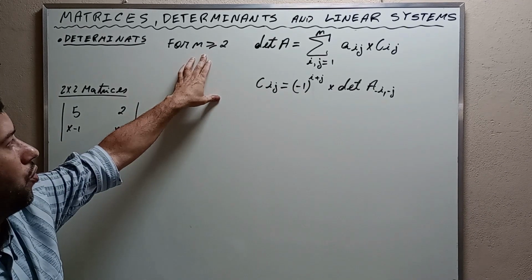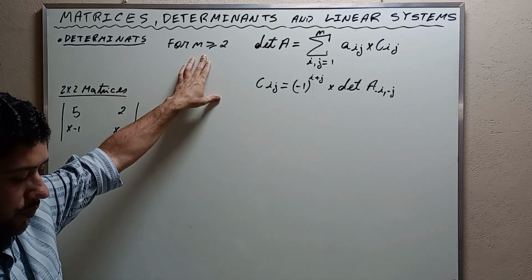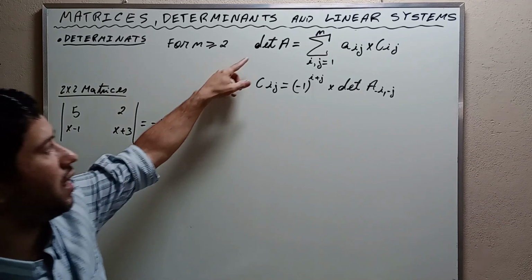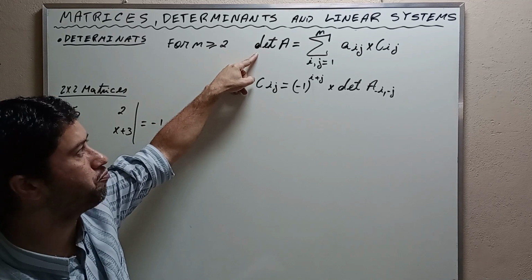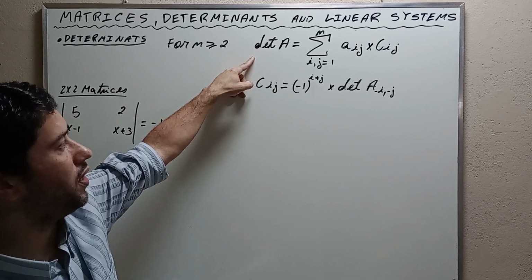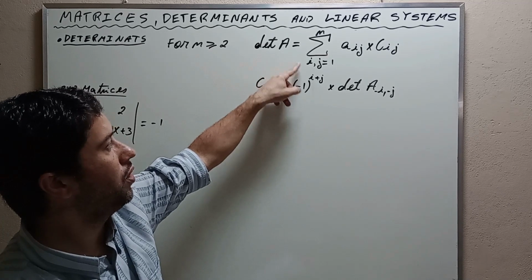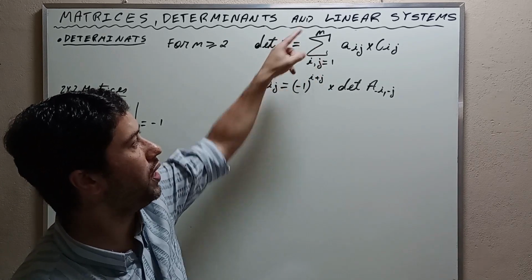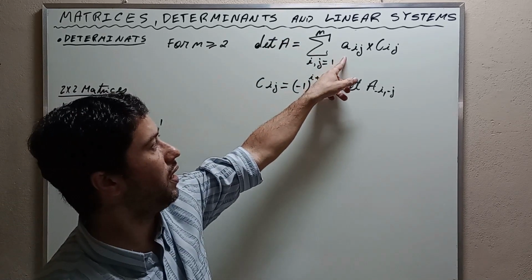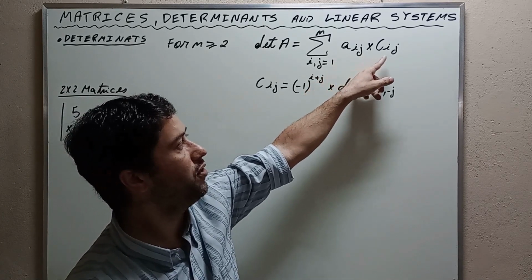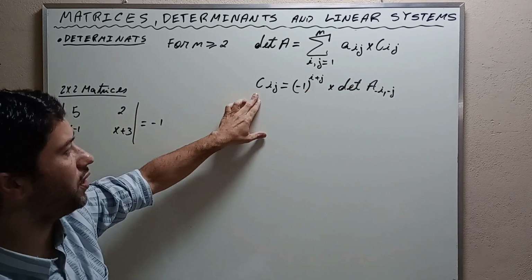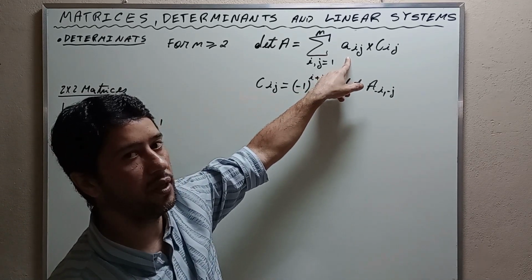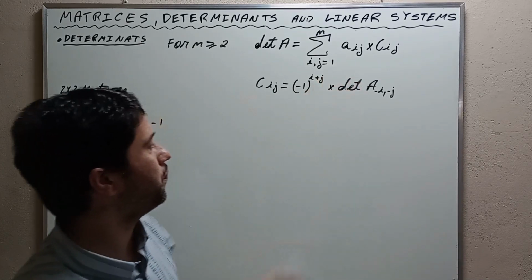For n greater than or equal to 2, the determinant of an n by n matrix can be calculated using this algorithm here. The determinant of A is the summation over j from 1 to n of Aij times Cij, where Cij is a cofactor associated to the element Aij.